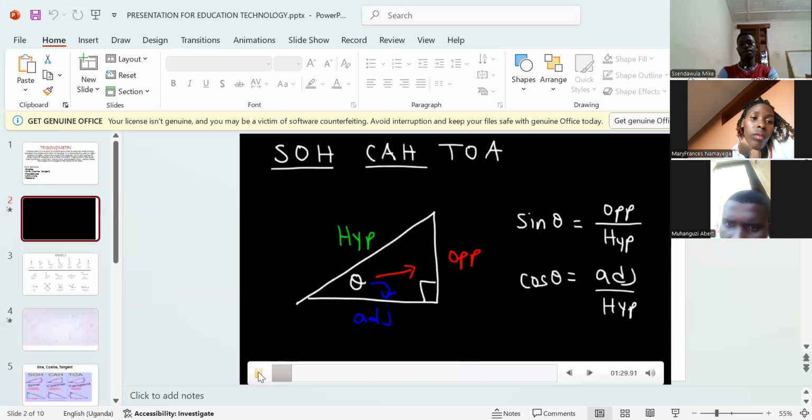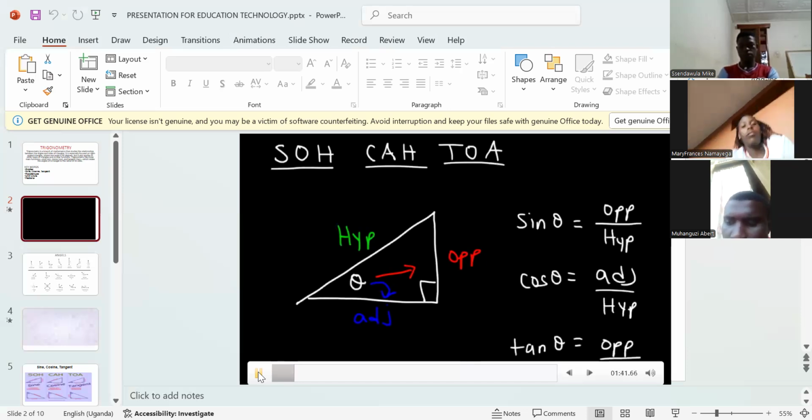CAH is for cosine is adjacent over hypotenuse. And tangent theta, TOA, is equal to the opposite side divided by the adjacent side. So that's the tangent ratio. It's opposite over adjacent. Now we know that cosecant is 1 over sine. So cosecant is basically hypotenuse divided by the opposite side. You just need to flip this particular fraction.